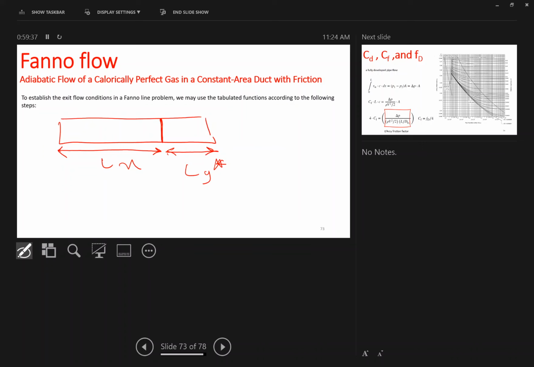But something that we are certain about is the exit conditions, right? What are the exit conditions? The sonic conditions. So this Ly is actually your L star. I think this is where you were getting at, right? Okay. Any other ideas?